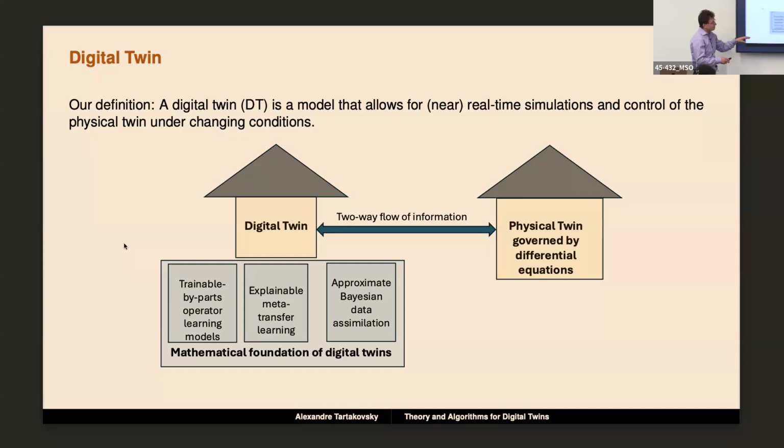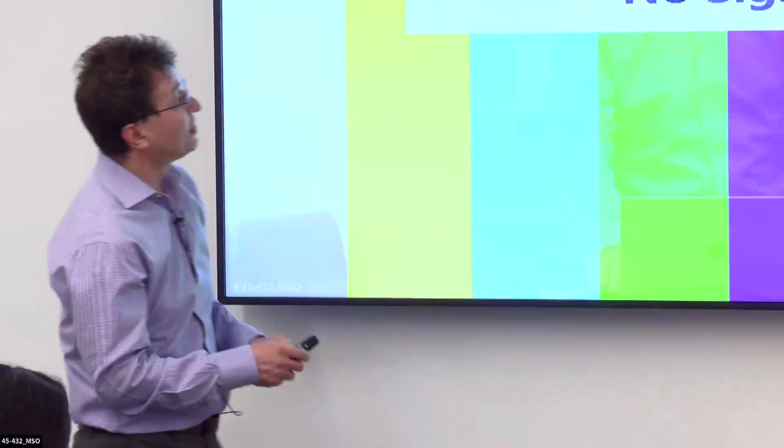These fast operator learning models that we use for fast predictions of the system, transfer learning and Bayesian data assimilation, we consider as a foundation of the digital twin.